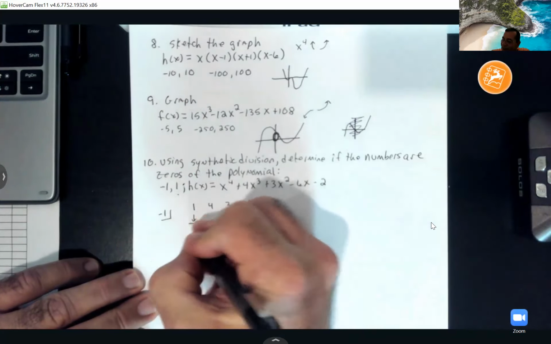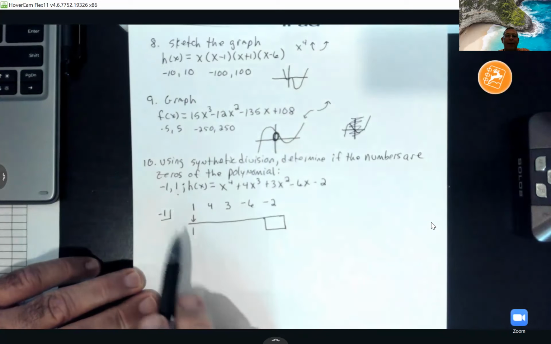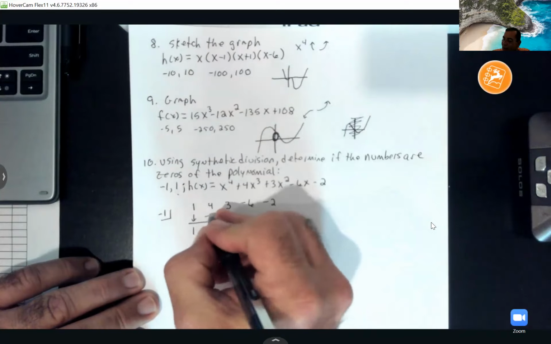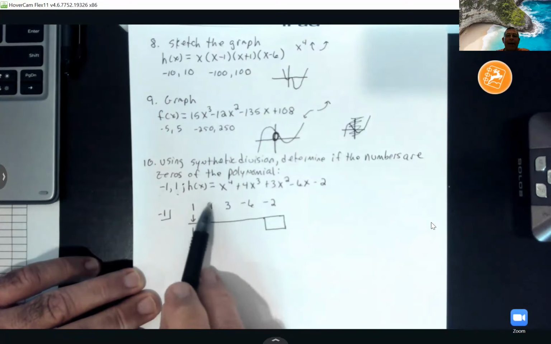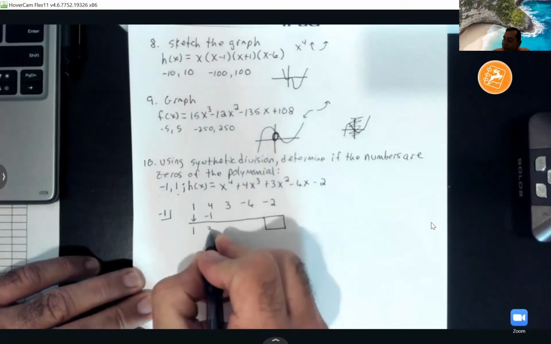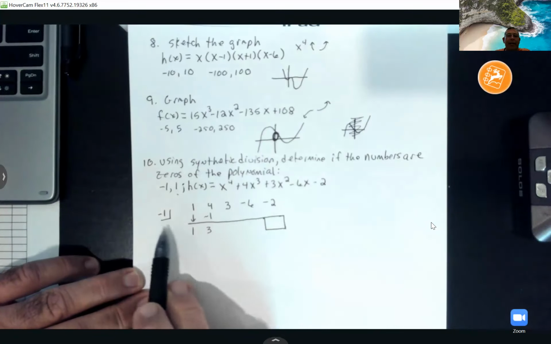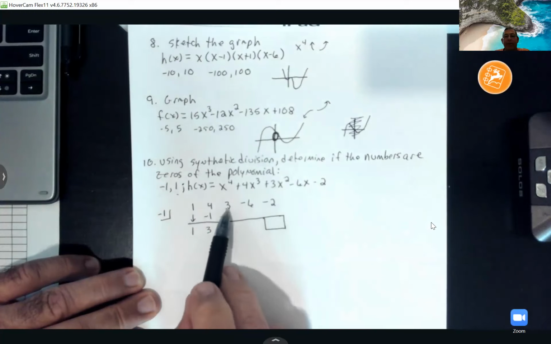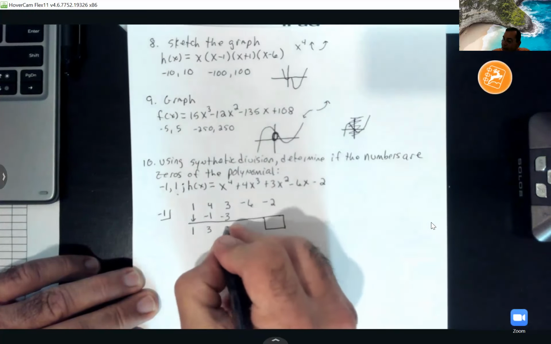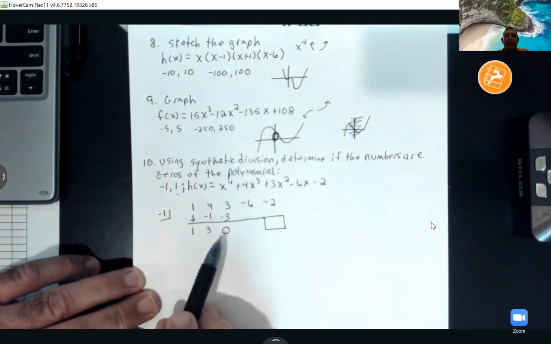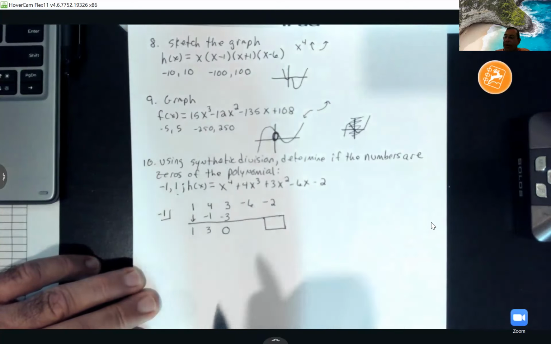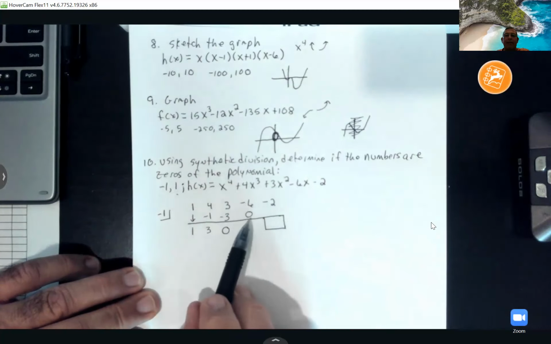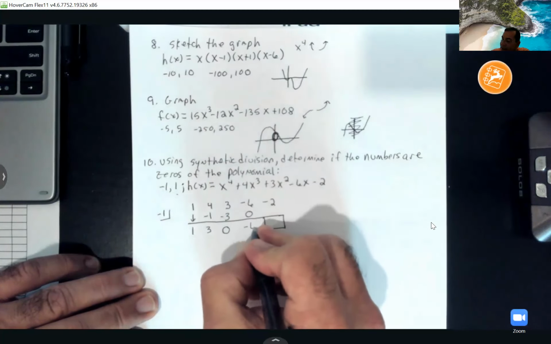All right, y'all, so bring that 1 down and then start multiplying. 1 times -1 is -1. Add that column together, you get 3. 3 times -1 is -3. 3 and -3 give me 0. 0 times -1 is 0. -6 and 0 give me -6.